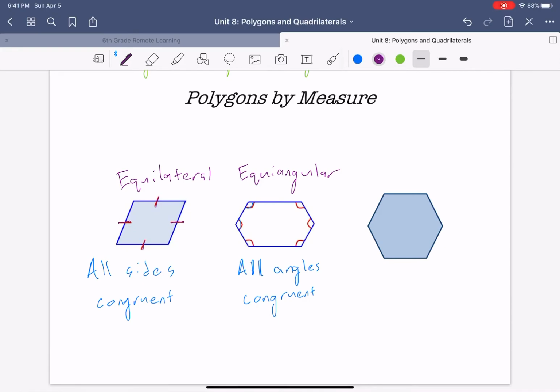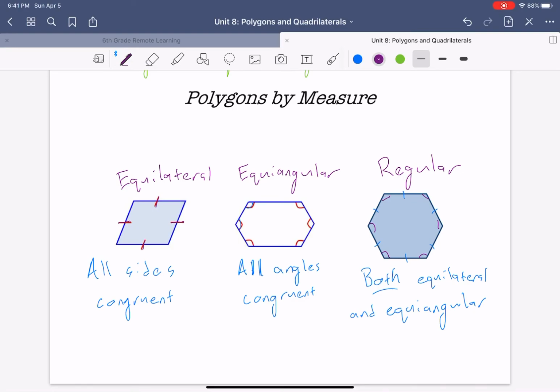And then if you have a shape where the sides are all congruent and the angles are all congruent, so it is both equilateral and equiangular, that is called a regular polygon.